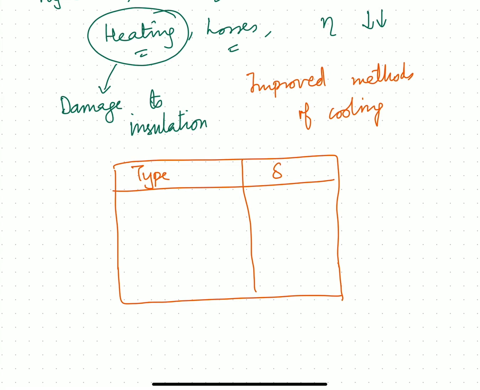Standard distribution transformer and small power transformer have the value between 1.5 to 2.6 ampere per mm square.